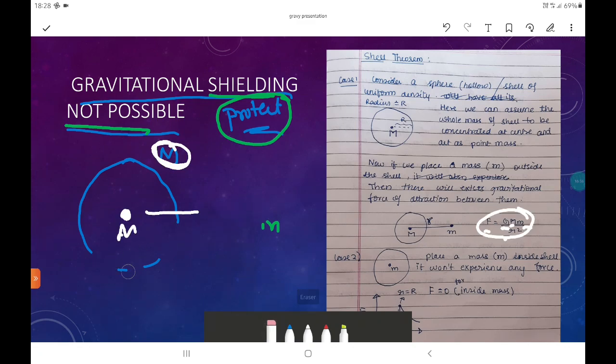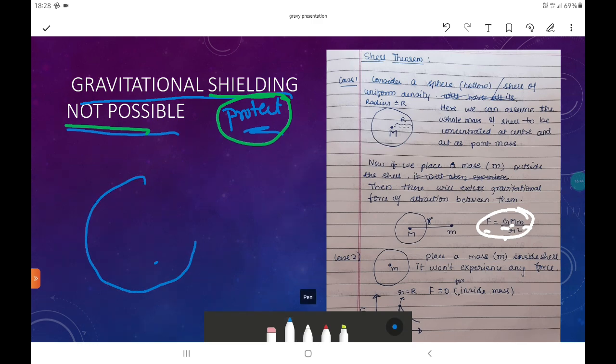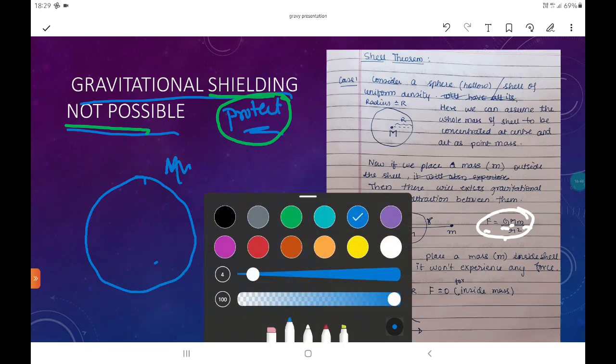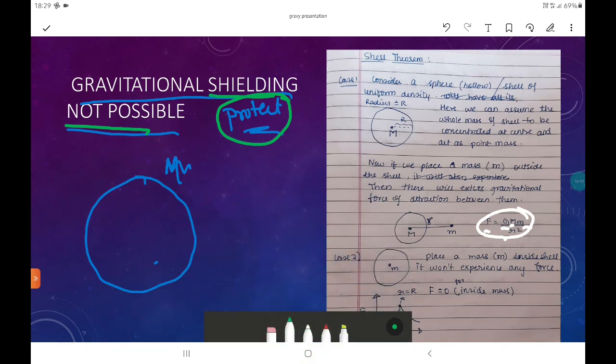But suddenly, instead of putting that small mass m outside, I will keep that small mass m inside the shell. I will bring it inside the shell. What you will observe is that the force of attraction between this small m and capital M will not be there.